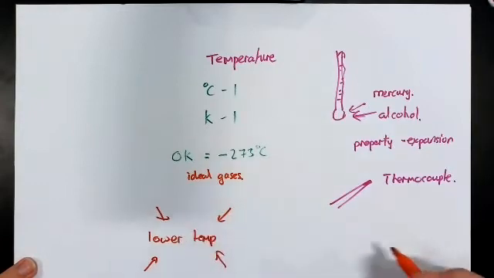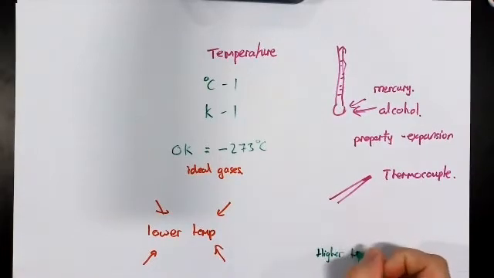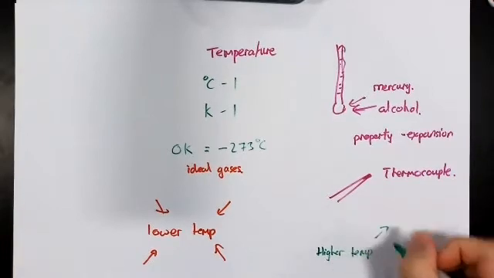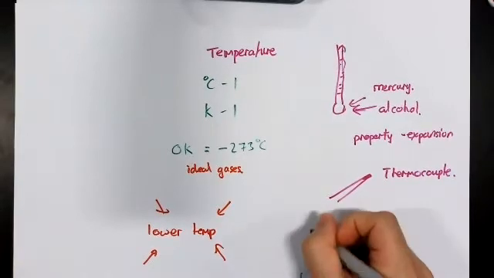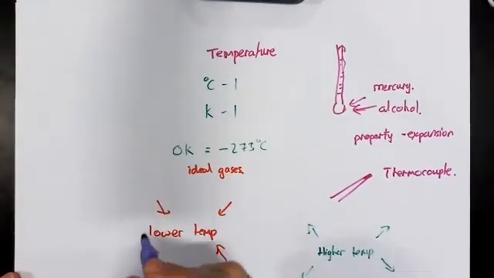Whereas if an object has a higher temperature than the surroundings, then energy is going to flow from that object into its surroundings. So temperature allows us to indicate a direction of energy flow.